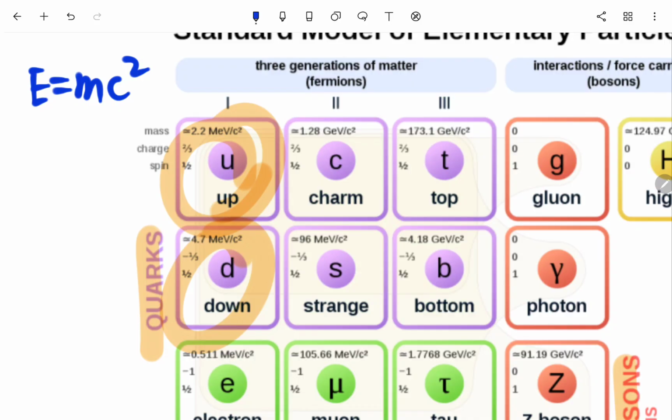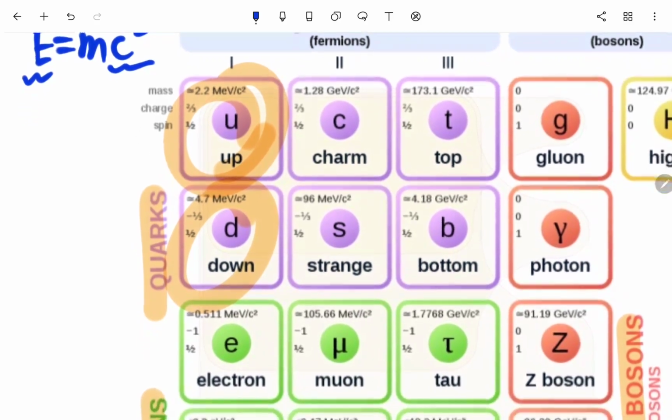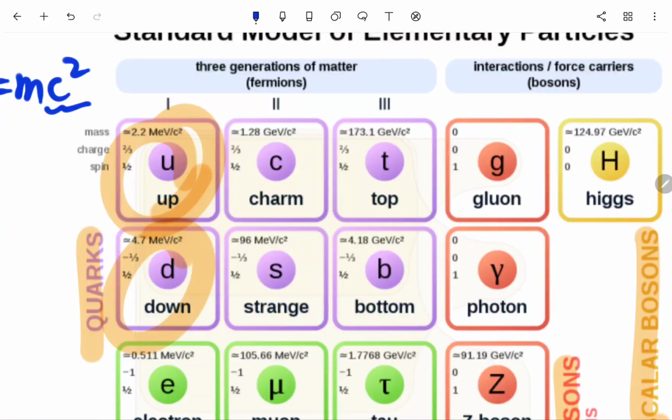E is the energy, m is mass, and c is the speed of light. So they use the energy divided by c squared to represent the mass, because if you are able to change some mass into energy, this is the relationship.